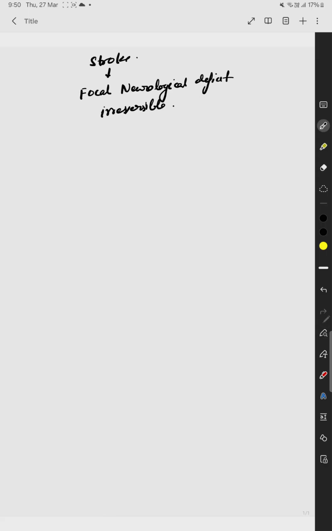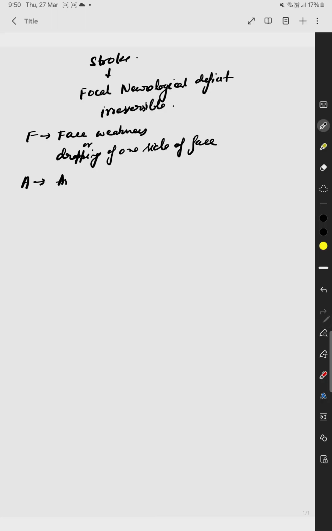So how will someone present with stroke? Either they will present with facial weakness, or drooping of one side of the face, then there will be arm weakness, speech disturbances, and that's when we know it is the time to call an ambulance.